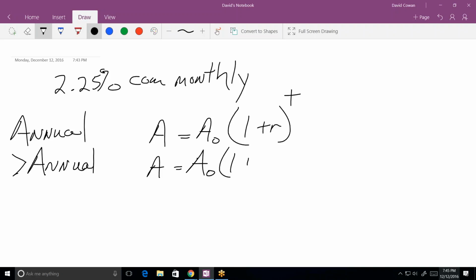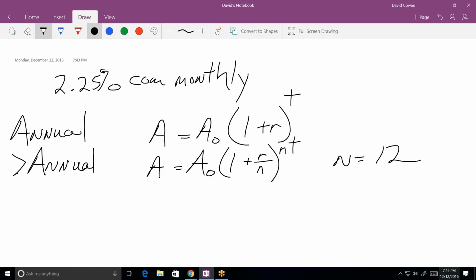Do you know this one? Is that r over n raised to the n times t? Where n is the number of times per year that it's being compounded. So in our case, n is 12 since it's being compounded monthly.